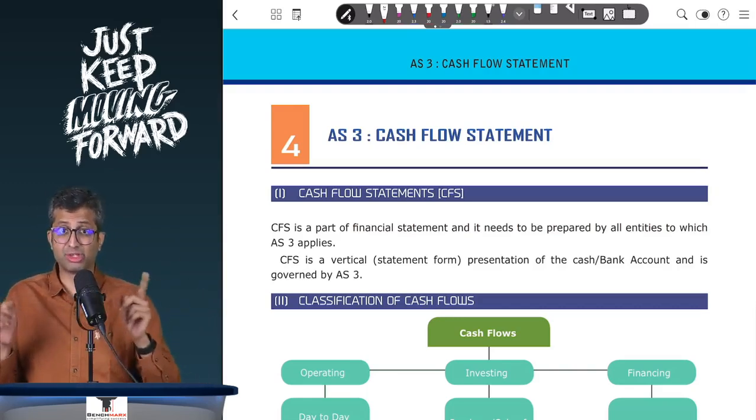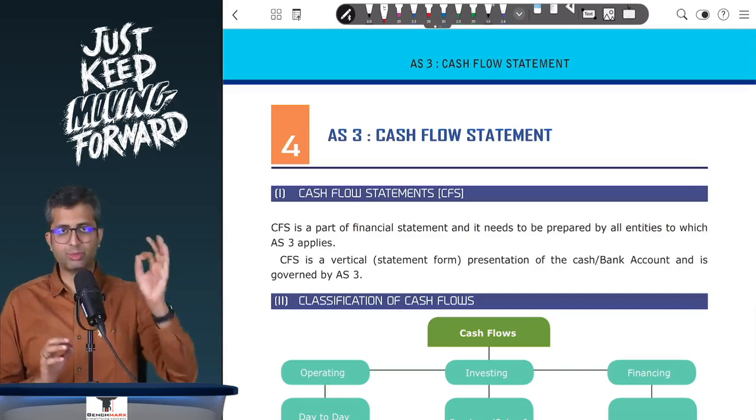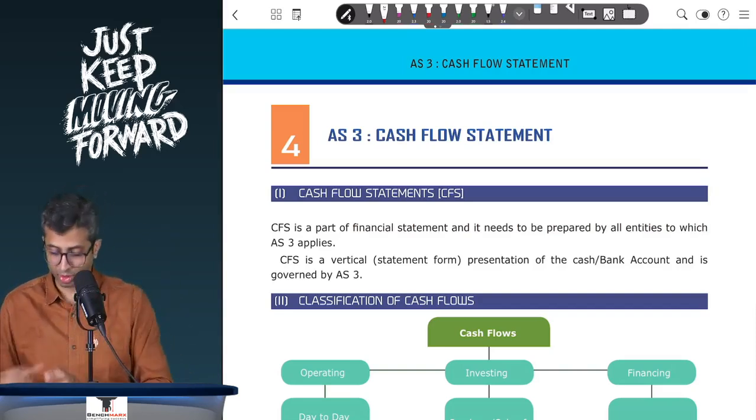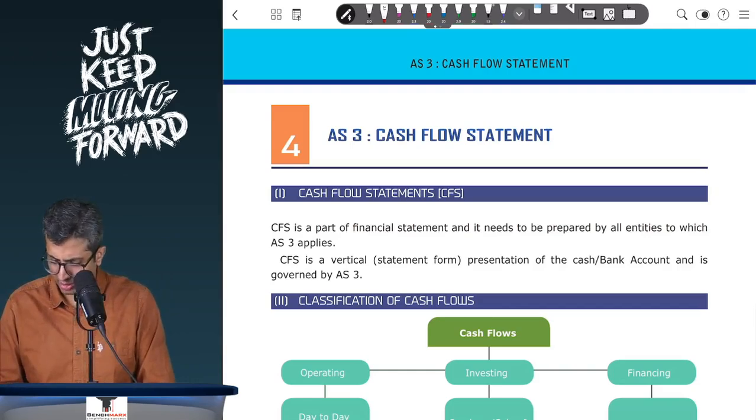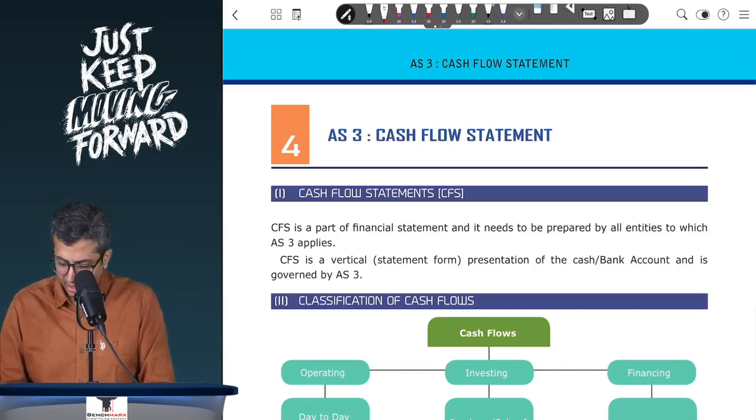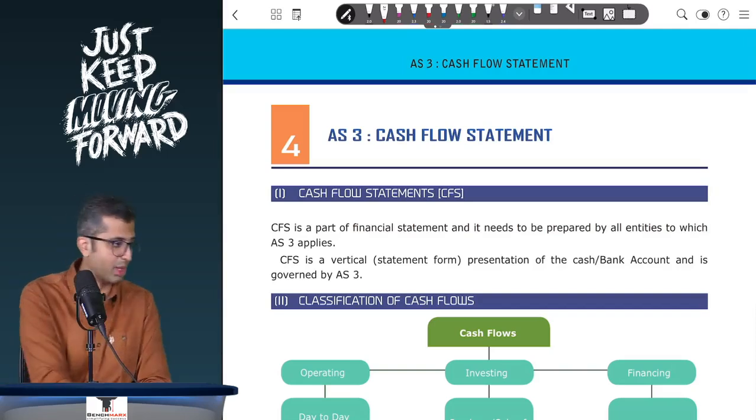That is, it is maturing within 3 months, in which case it can be taken as cash equivalent, otherwise not. So cash equivalent can be local or foreign. This is cash. Equivalents, they are very short term, highly liquid instruments which are marketable, which are readily convertible into determinable amounts of cash, and there is any insignificant risk of changes in value.